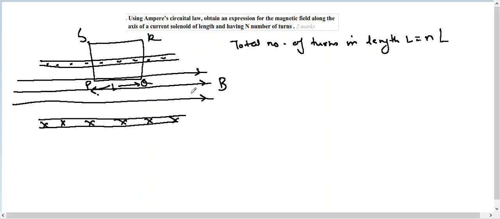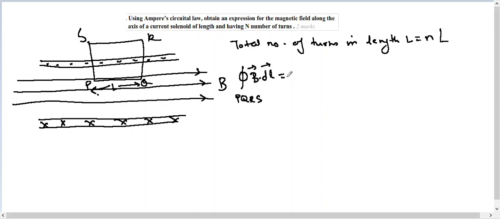Now the line integral of magnetic field induction B over the closed path PQRS is given by the closed loop integral of B dot dl. Now we are going to apply Ampere's circuital law to PQRS.